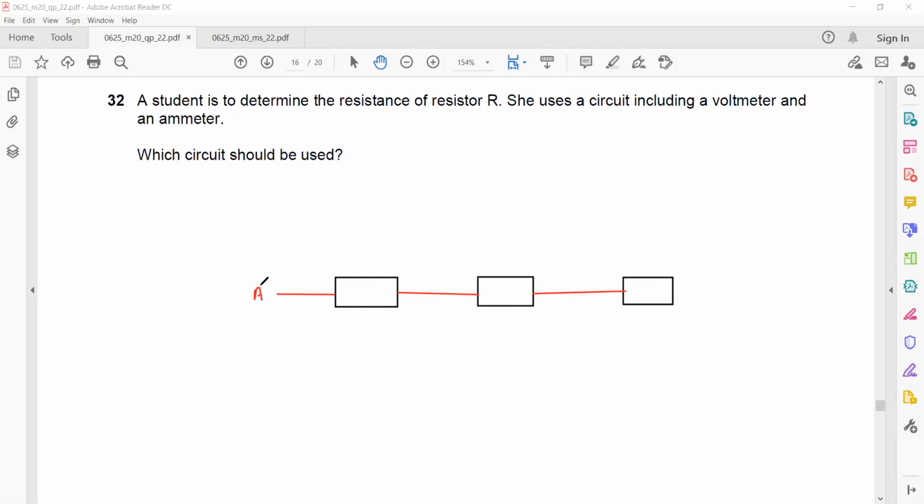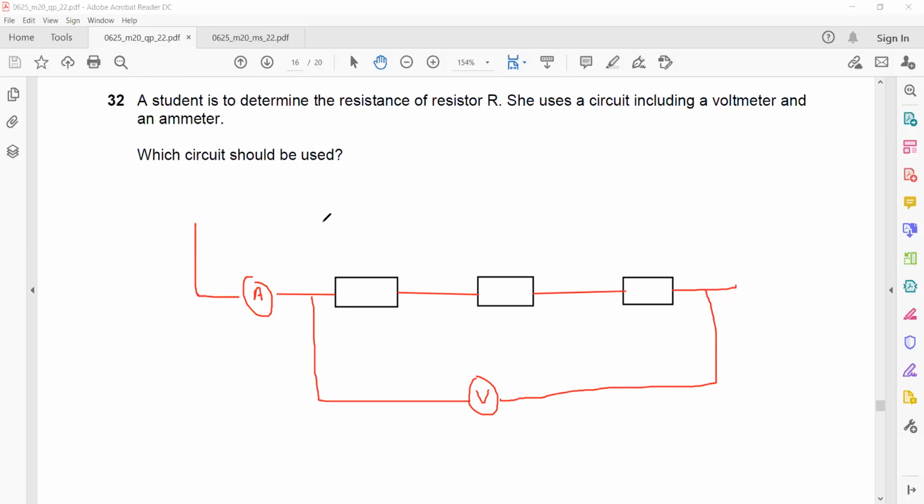To get the current, I will connect an ammeter. And to get the voltage, I will connect a voltmeter in parallel to this series combination. That will give me the total voltage of this combination, and voltage divided by current gives the resistance. So this is a practical way of finding the resistance of the circuit: voltage divided by current.